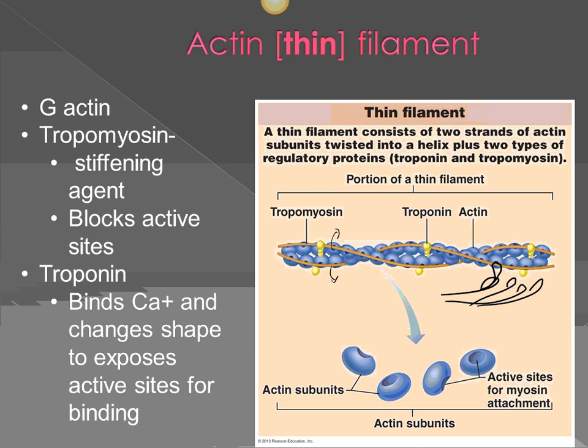A few steps later, we'll see what happens when muscle contraction actually begins. Calcium ions are liberated. They come and attach to this troponin. When they attach to troponin, imagine the troponin changes the shape of this filament and moves this yellow thread to another place. So it exposes these active sites. Then those myosin heads can attach to the active sites, and that's how muscle contraction is brought about. Okay?